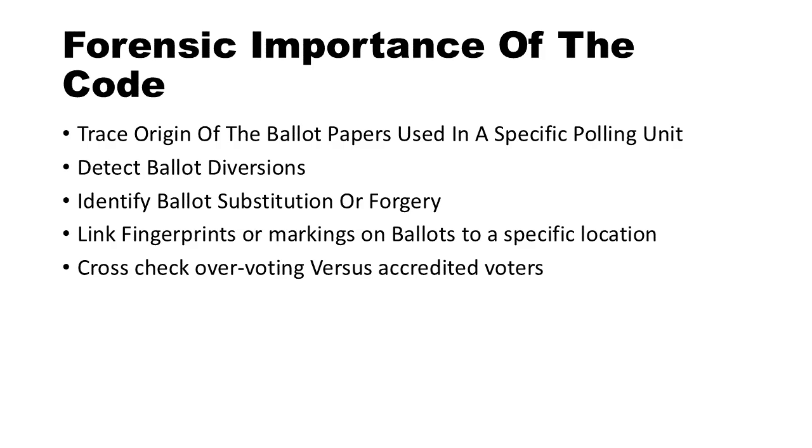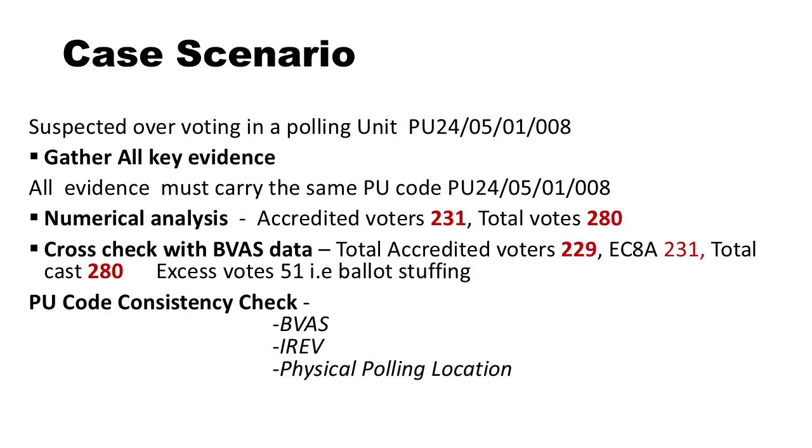Also, it is used to link fingerprints or markings on ballots to a specific location. And lastly, it can be used to cross-check overvoting versus accredited voters. Let's go to a case scenario.